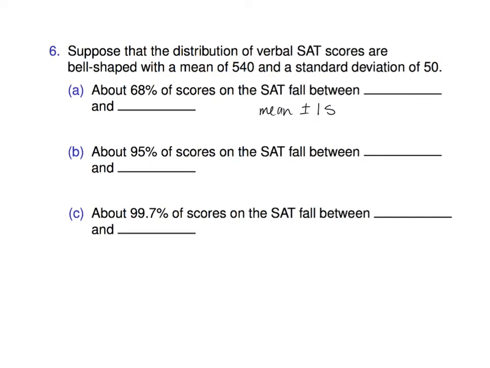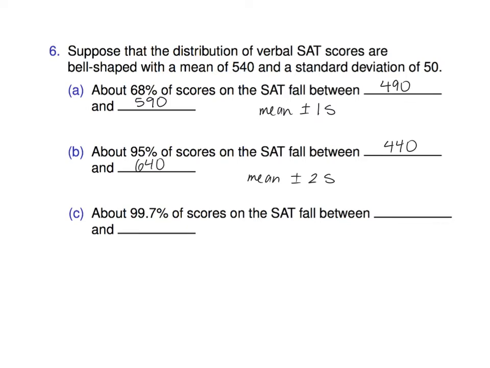So 540 minus 50 is 490, and 540 plus 50 is 590. All right, 95% of scores on the SAT fall between the mean plus or minus 2 standard deviations. Well, that would be plus or minus 100, so that's 440 to 640.